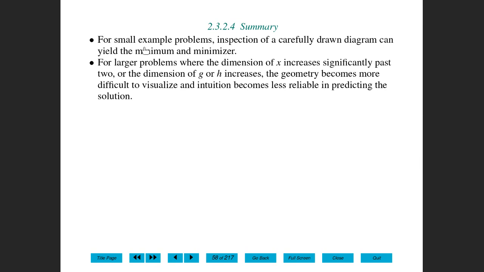So the minimum is the function value, and the minimizer is the point which gives us the minimum function value. For example, the value of f of x is, let's say, minus 10. So it is minus 10, this is the minimum, but it is minus 10 at what point? That point is known as the minimizer.